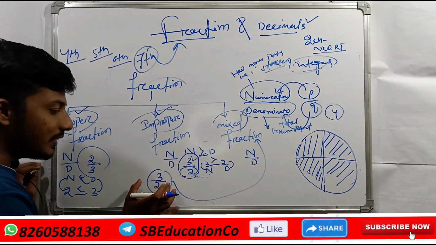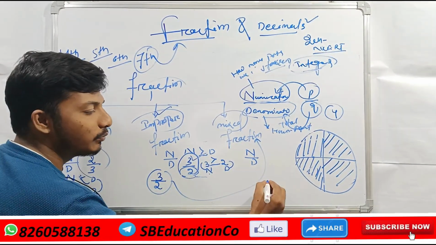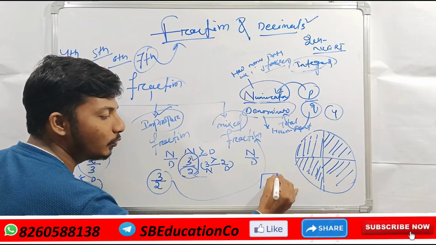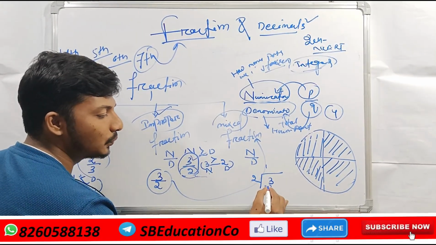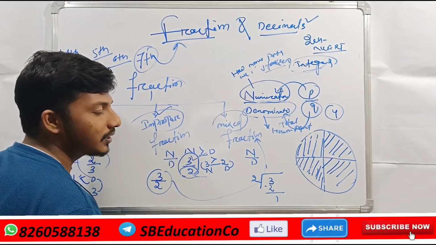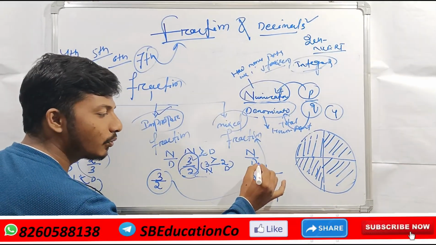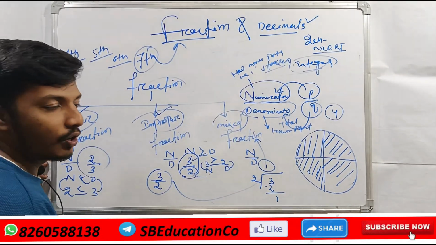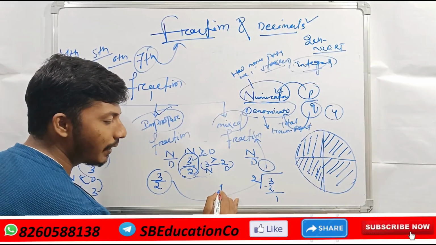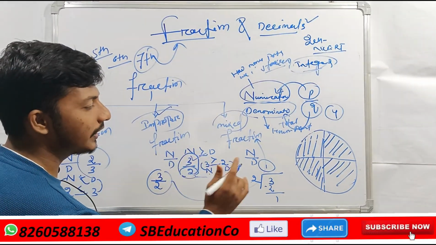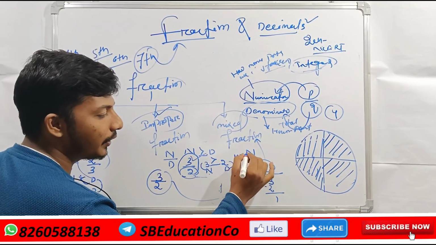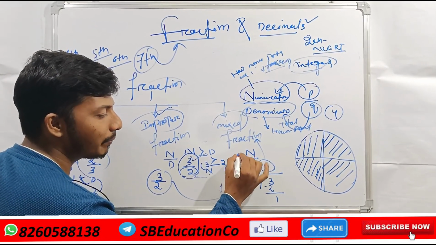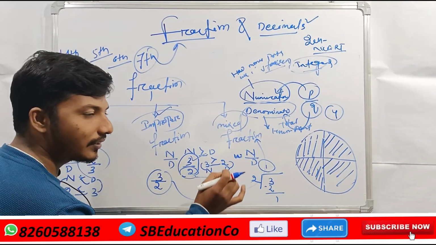You just divide 3 by 2, so 2 ones are 2. Yes or no? 3 minus 2 is 1. So what is your quotient? You take the quotient as the whole. Here I wrote the whole, and the numerator over the denominator was added after that.